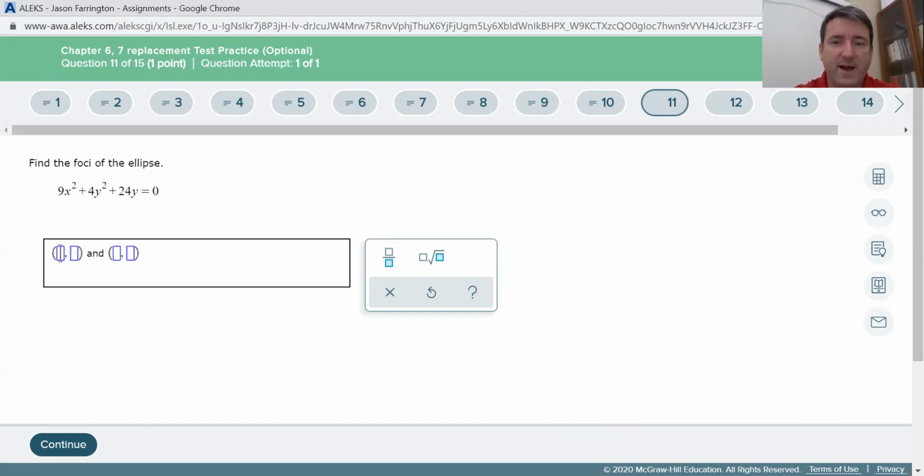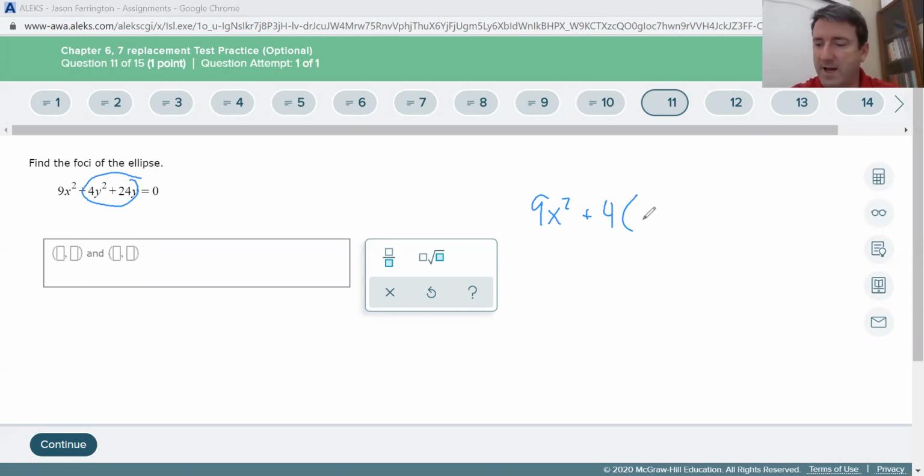Well, we've got 9x squared plus 4, and let's factor the 4 out of these y's here. So this is going to be 4 times y squared plus 6y, and then leave some room to complete the square, equals 0.